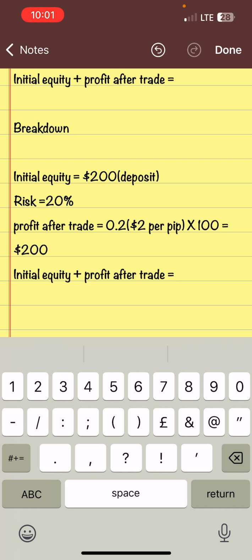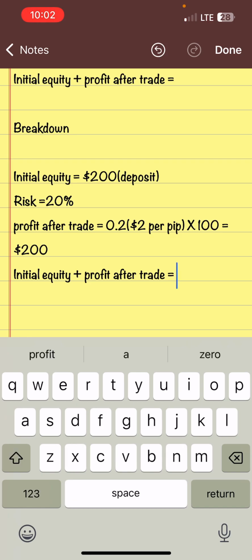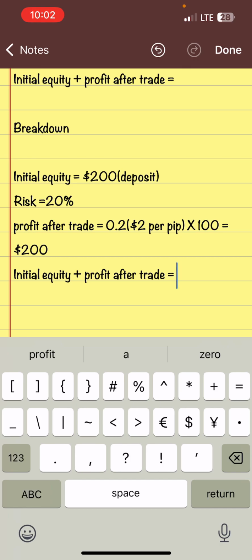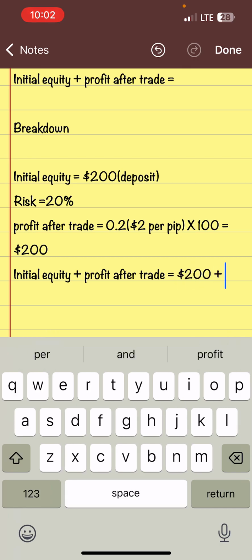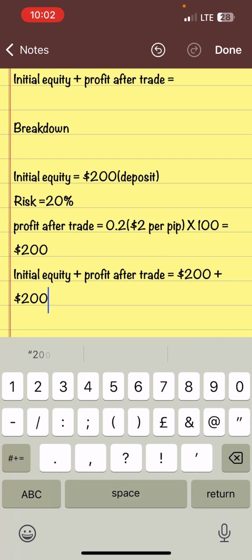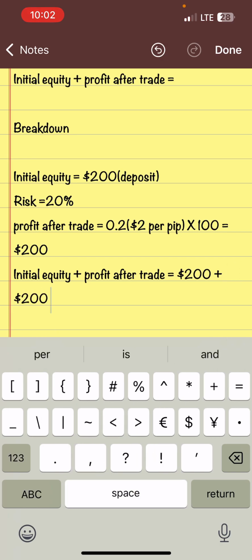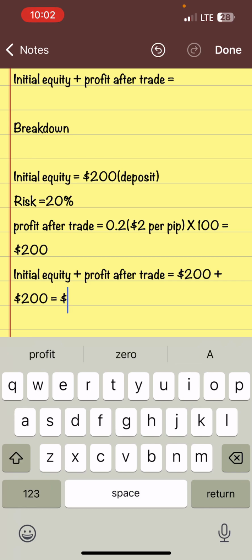So this is where the work starts. Right, so $200 per week. Initial deposit, this. Initial equity, this. $200 plus $200 will give you $400.